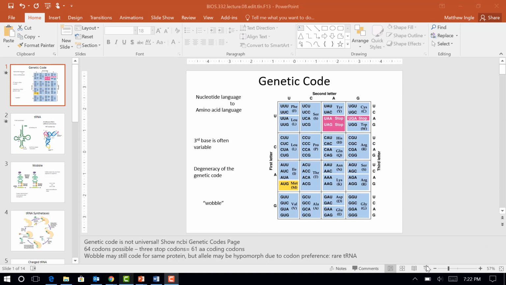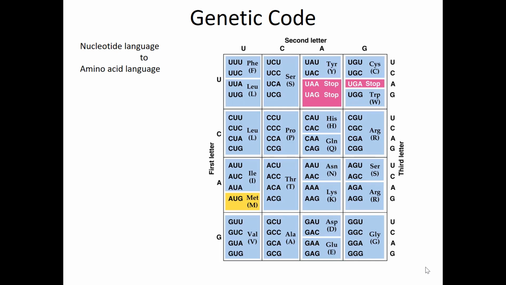All right, so in this video I'm going to talk about translation. As a reminder, translation, like transcription, includes three steps: initiation, elongation, and termination. Unlike transcription, translation goes from a nucleic acid at the beginning into an amino acid sequence at the end.